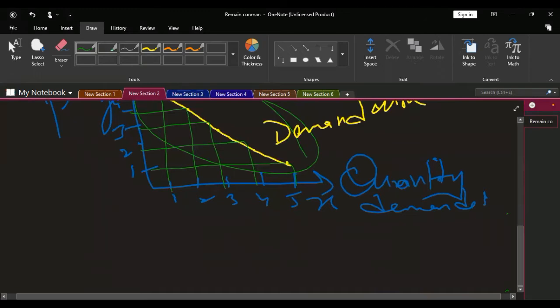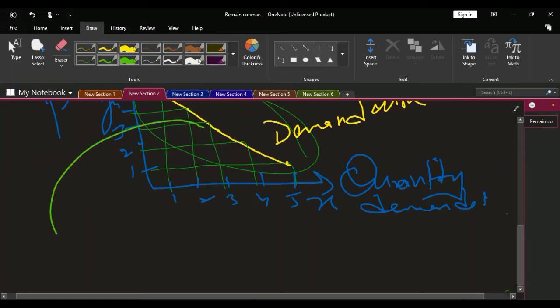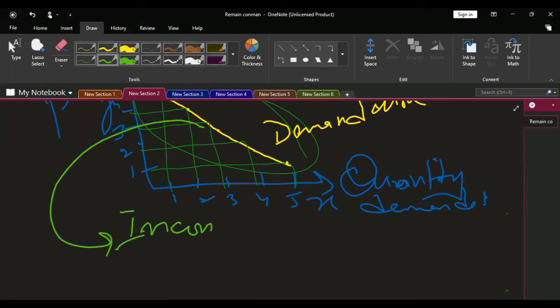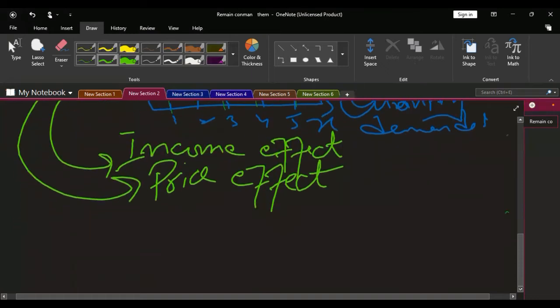So the reasons behind the downward slope of the demand curve: the first is the income effect. Second one is the price effect. Third one is the substitution effect.